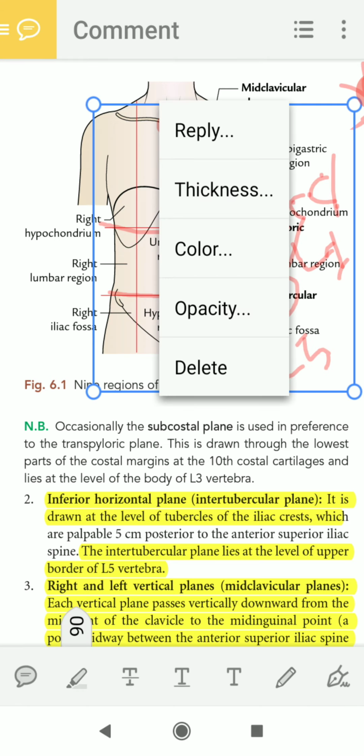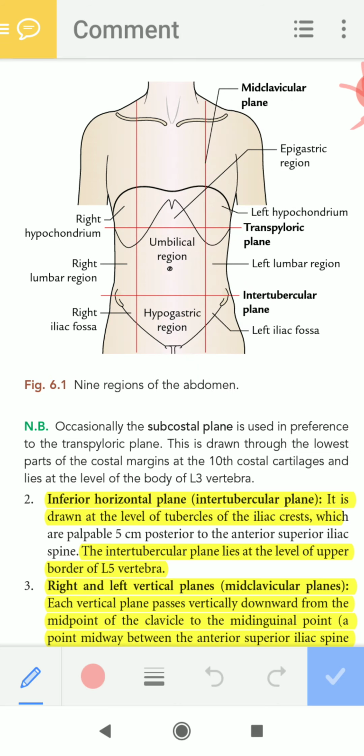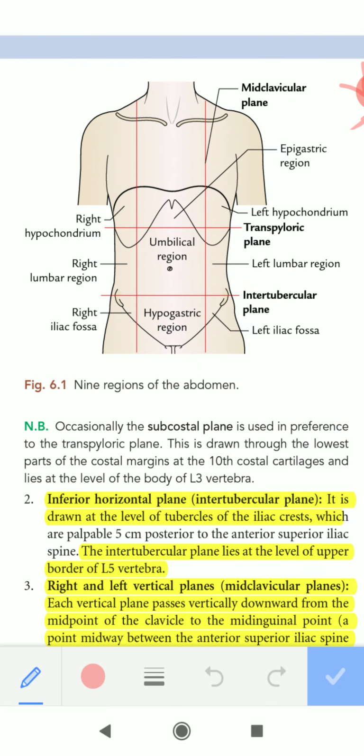So by these 4 lines, 2 vertical and 2 horizontal, look at that, the abdominal region is divided into 9 parts or 9 regions. So what are they? Right hypochondrium, left hypochondrium, right lumbar, left lumbar, then right iliac fossa and left iliac fossa. And in the middle, this area is known as the epigastrium or epigastric region.